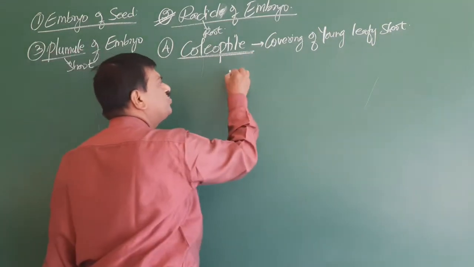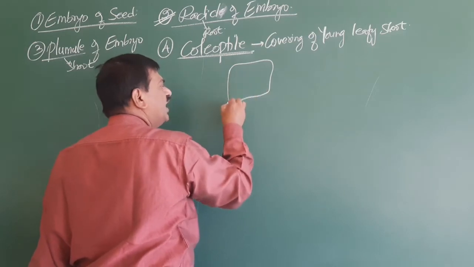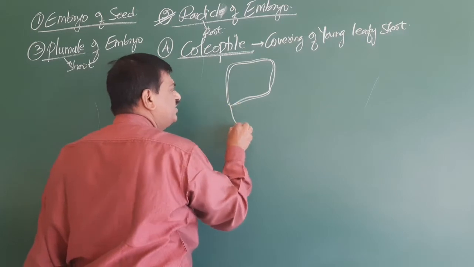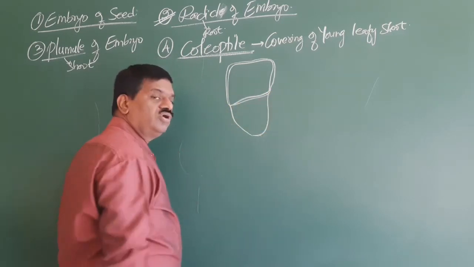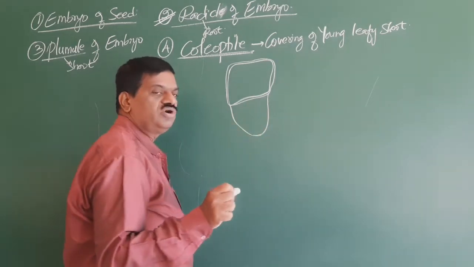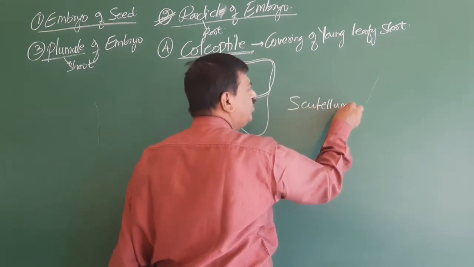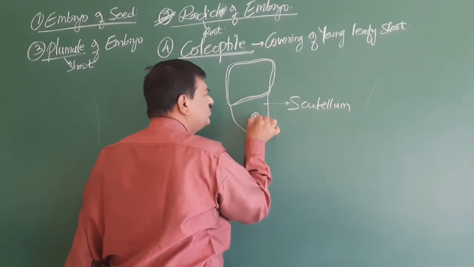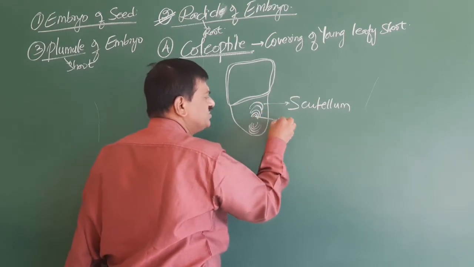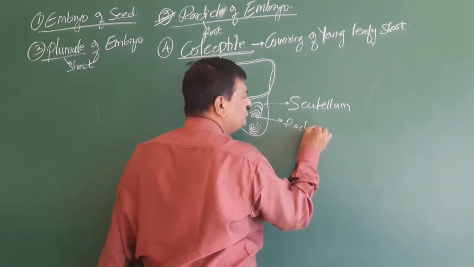Whereas for the plumule, when we go for a monocot seed, there is an embryo covered by an aleurone layer, and there is a cotyledon called scutellum. The lower part is called radicle.